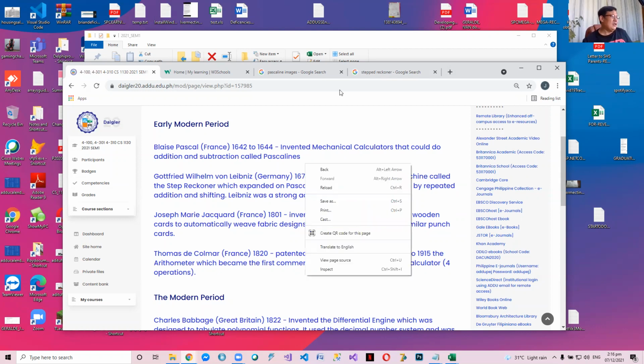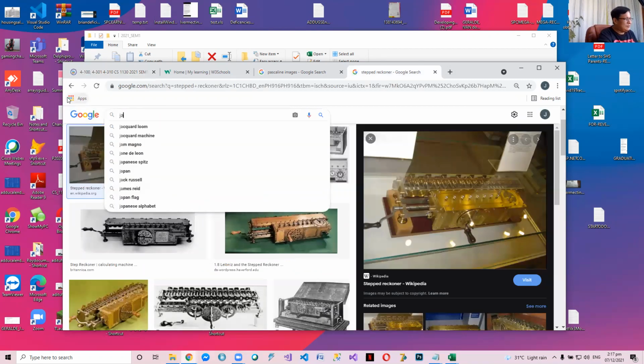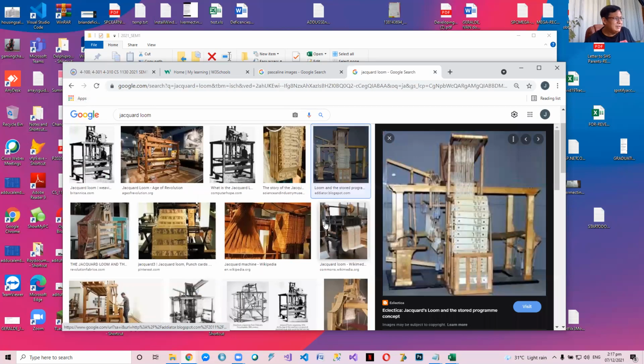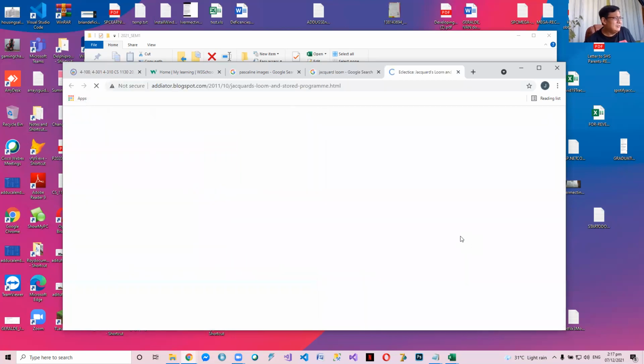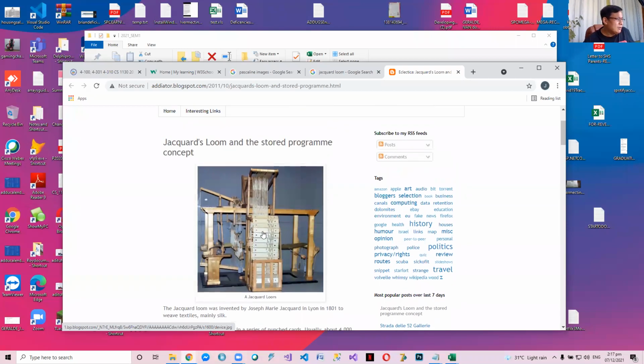The Jacquard's loom. Let's look for Jacquard's loom. Ito. This is Jacquard's loom improved, or added with a functionality to record punches.